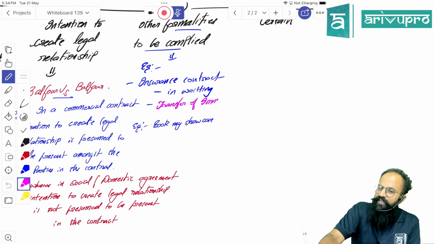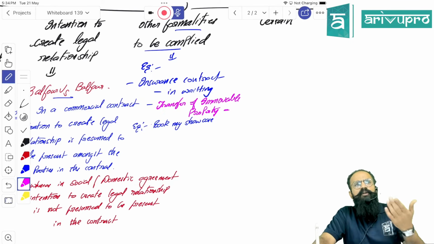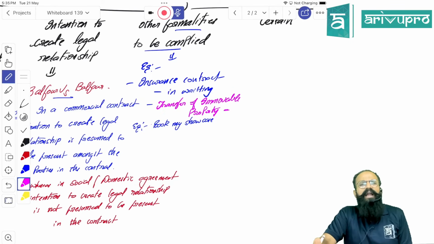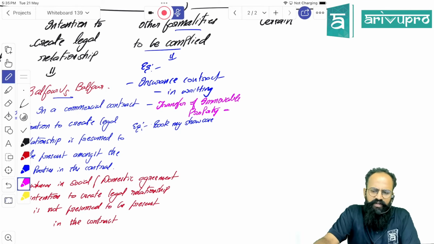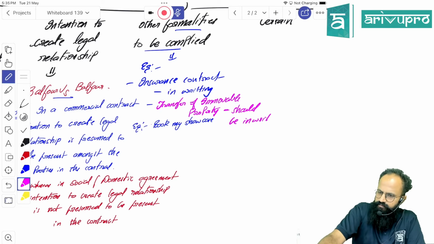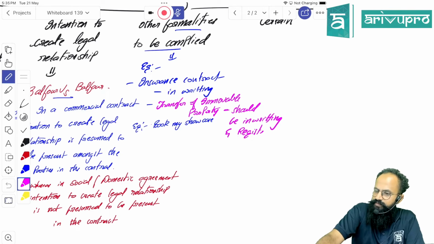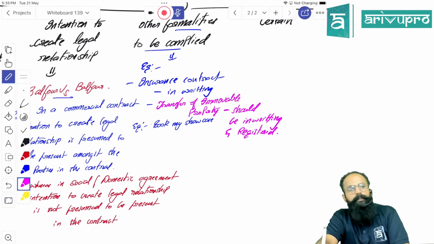If you want to sell your land, building and all, it has to be in writing only. Need not be always fixed assets. You can say land, building, all this. Yes. Transfer of immovable property should be in writing, and not only that, it should also be registered. Understood?